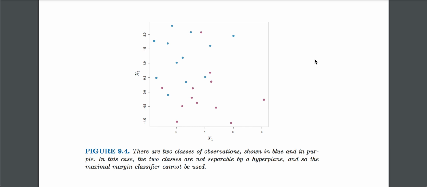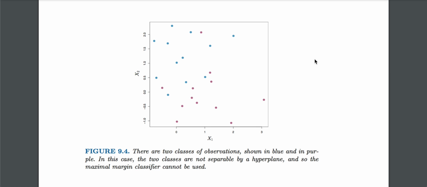Well, the reason is we want to avoid, what is that word? Overfitting. We may want to avoid overfitting. Sometimes we prefer a non-perfect fit because we want to avoid overfitting.